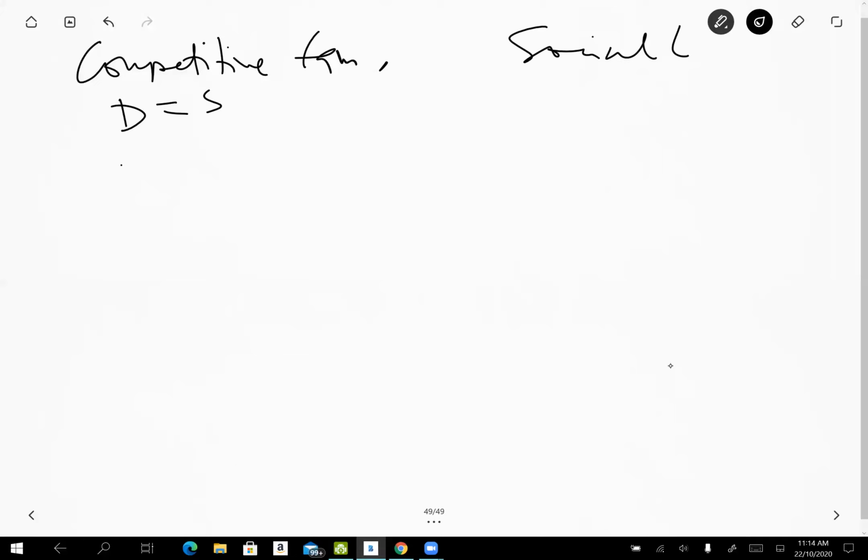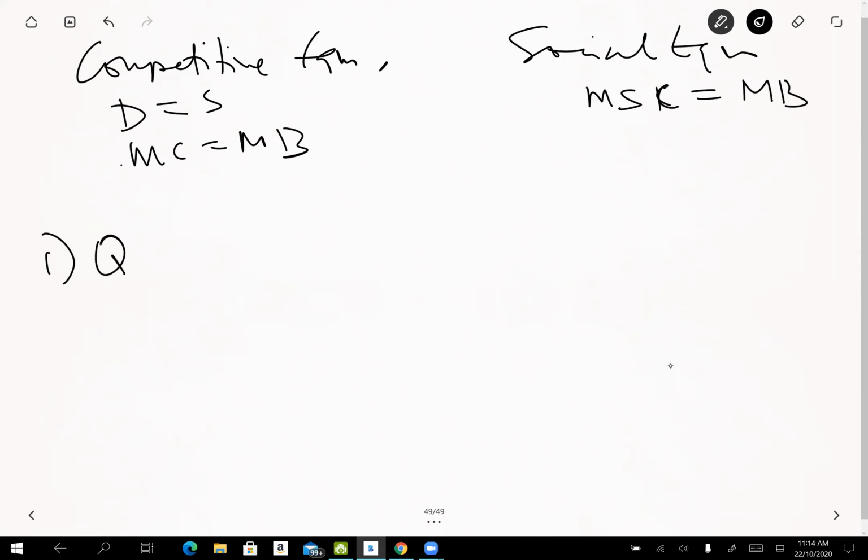So number one, you look at the competitive equilibrium or the market equilibrium. You state the equilibrium condition, demand equals supply, then you get this. And then you look at the social equilibrium. The equilibrium would be the marginal social cost equal to the marginal benefit. Then you discuss the output level and the price. So observation number one, QS is larger than QC.